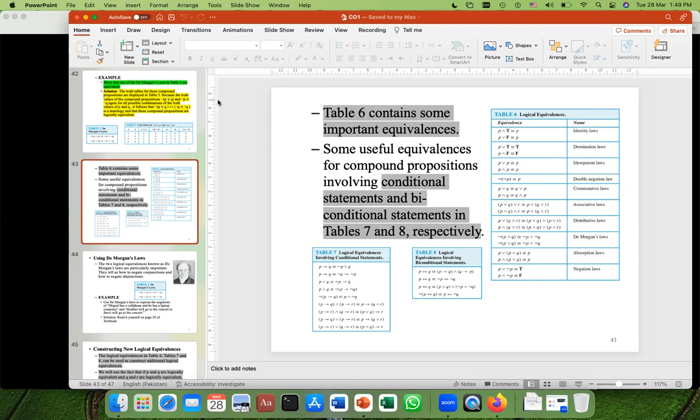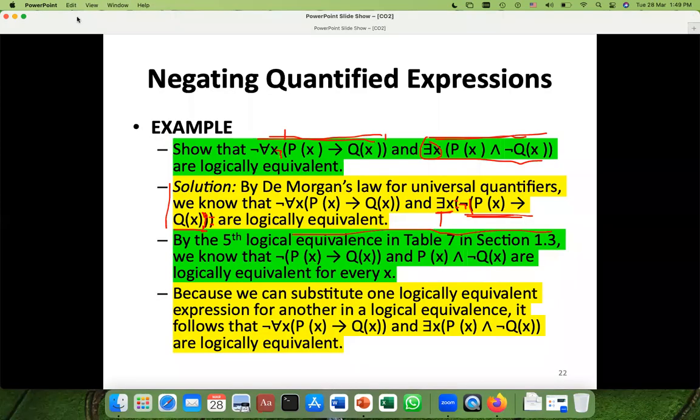Okay, now we are going back. Here you can see negation of P of x implies Q of x. This is that form, so you can convert it into what? P and negation Q. So P of x, conjunction.